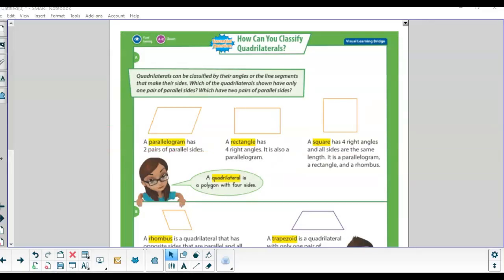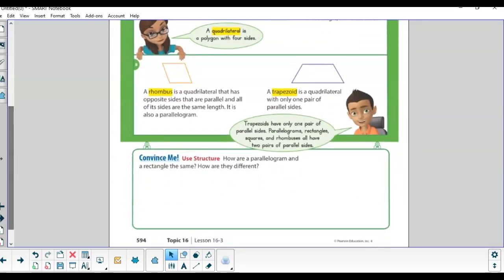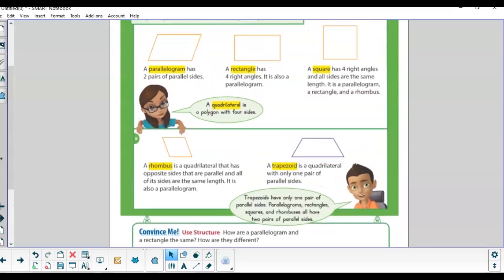All right, let's look down to the bottom of the page where it says convince me. How are a parallelogram and a rectangle the same? How are they different? So look back up to the top and let's see, how are a parallelogram and a rectangle the same? Think about it.